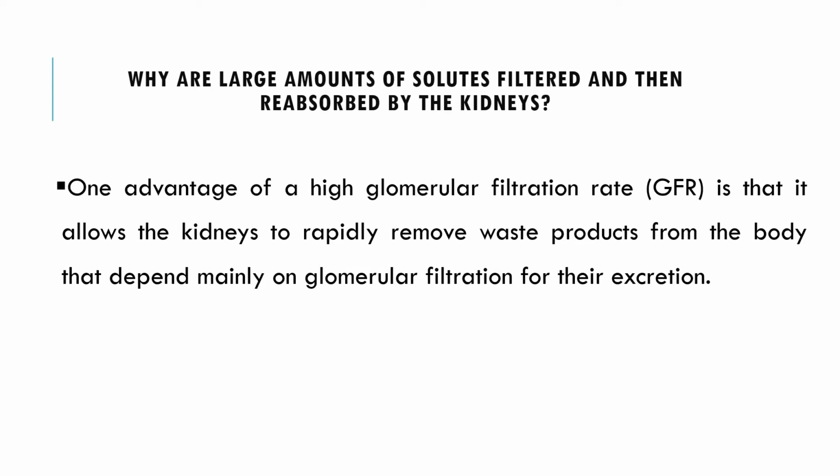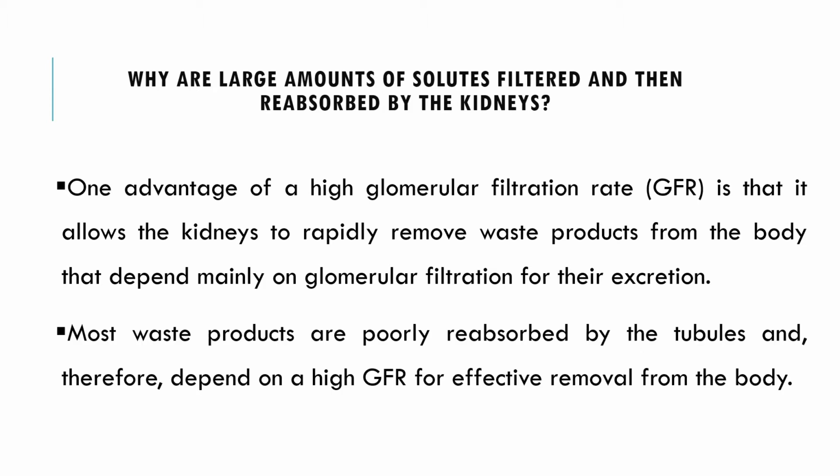So if there is any increase in a toxic substance in our body, it can be very rapidly excreted through the kidney, and this is facilitated by the high GFR. Most of the waste products are very poorly reabsorbed by tubules. So once filtered, they will be excreted out and therefore depend on a high GFR for effective removal from the body.